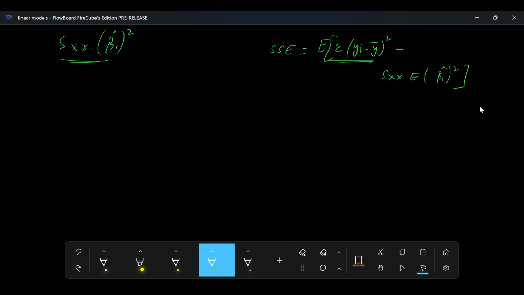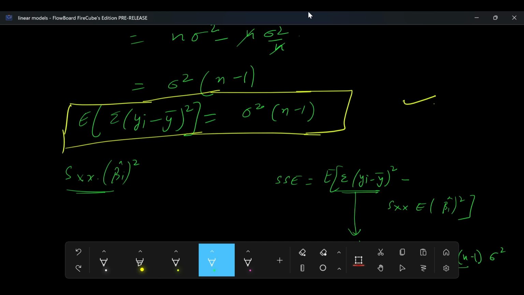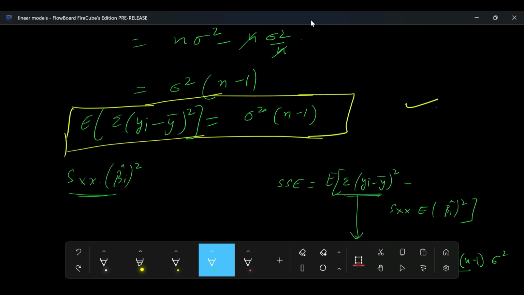As you know, this is equal to beta1 square summation xi minus x bar square plus n minus 1 sigma square. Wait a minute. There is plus beta1 square summation xi minus x bar square.